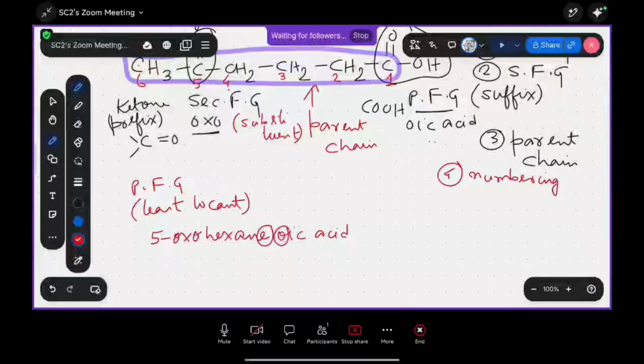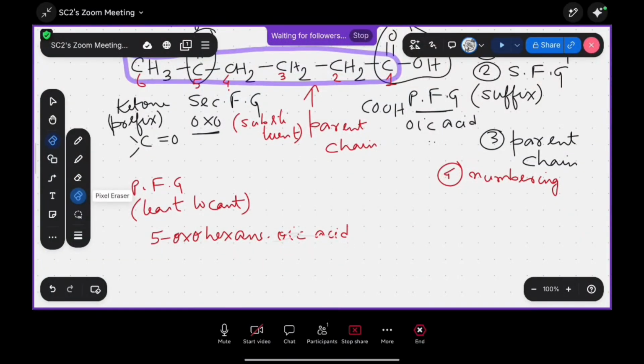So you just need to cut out the E from the last part. So it becomes 5-oxohexanoic acid.